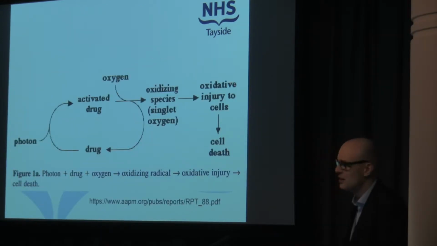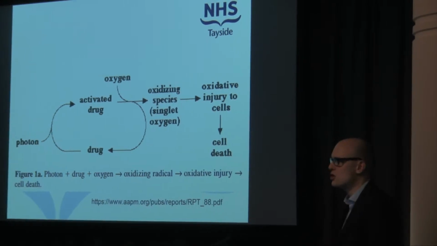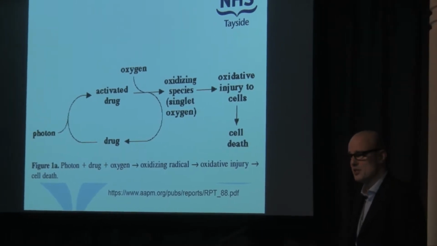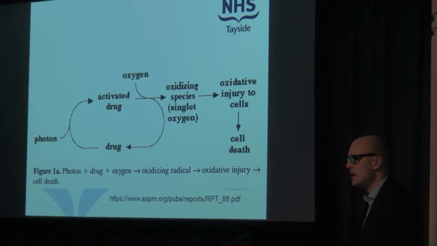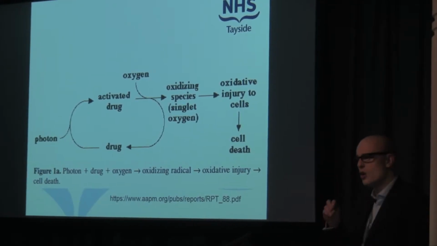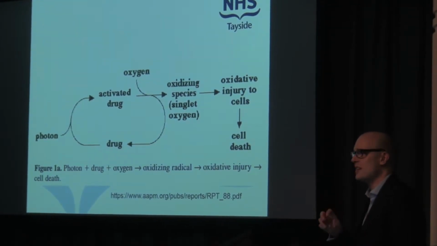As we've just been hearing, when a photon activates the photosensitizer in the presence of oxygen, we get reactive oxygen species, which in turn results in oxidative damage. And therefore it makes sense to look at all of the variables which affect this oxidative damage.